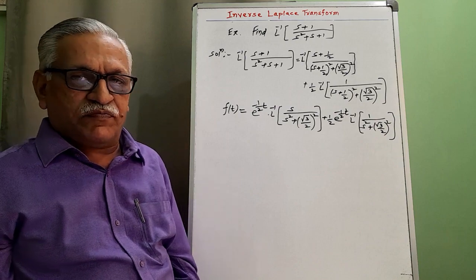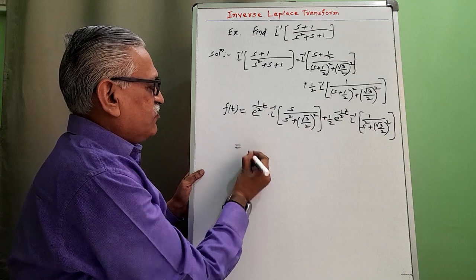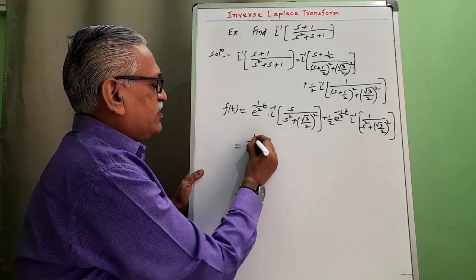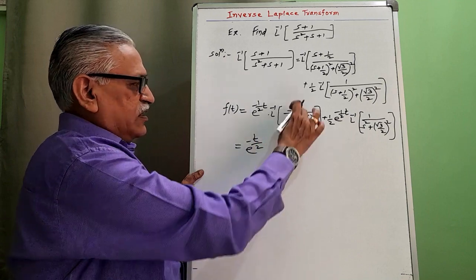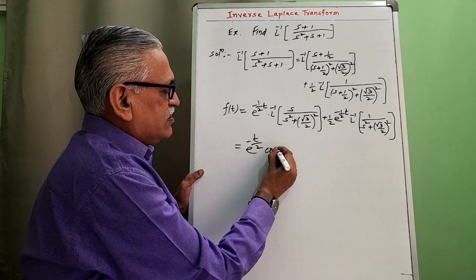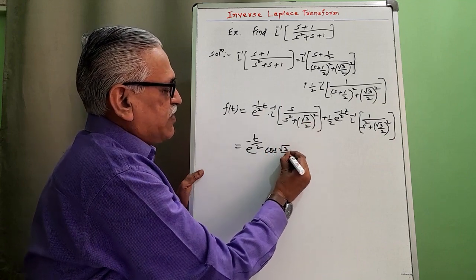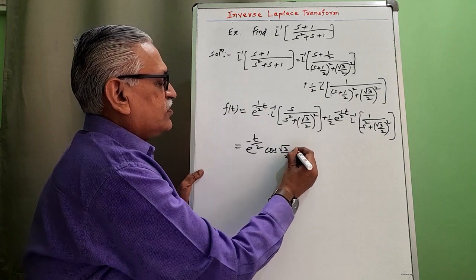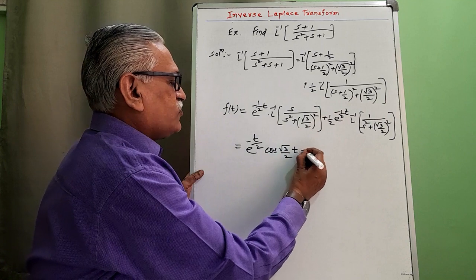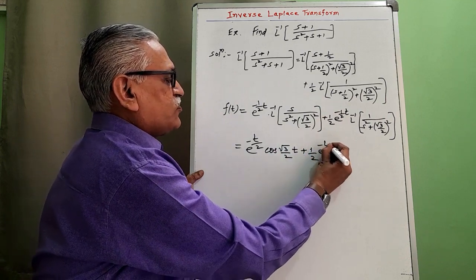using shifting theorem. And then applying standard result from inverse Laplace transform, we get this one e raised to minus t by 2. Inverse of s upon s square plus a square is cos of at. A is here root 3 by 2 times t, plus 1 by 2 e raised to minus t by 2.